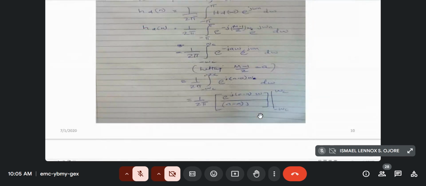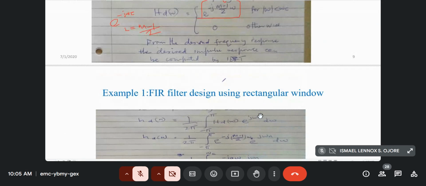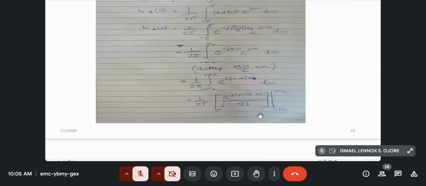So we have 1 over 2 pi, and our limits have been given as omega c, so they do not go from minus pi to pi, but from minus omega c to plus omega c, of e to the j a omega... e to the j omega n d omega.